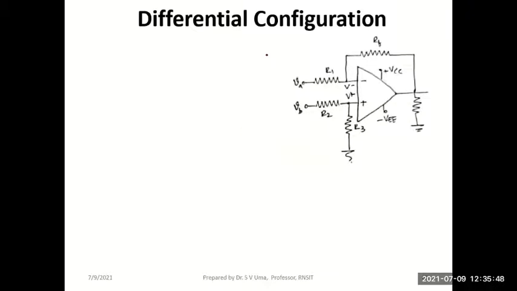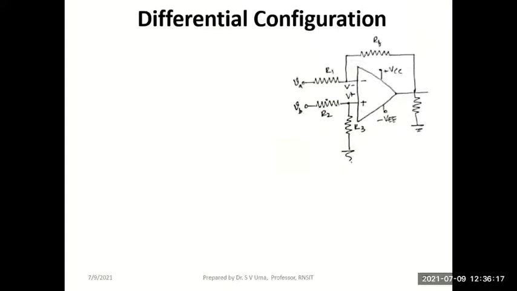Okay, with all these example problems, let's move on to the next category of op-amp application, that is the differential amplifier, or differential configuration of op-amp. Here the op-amp is used as its original design.